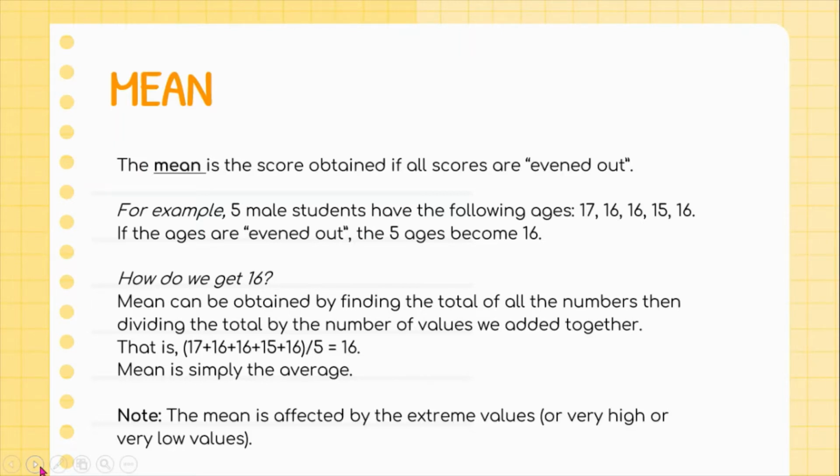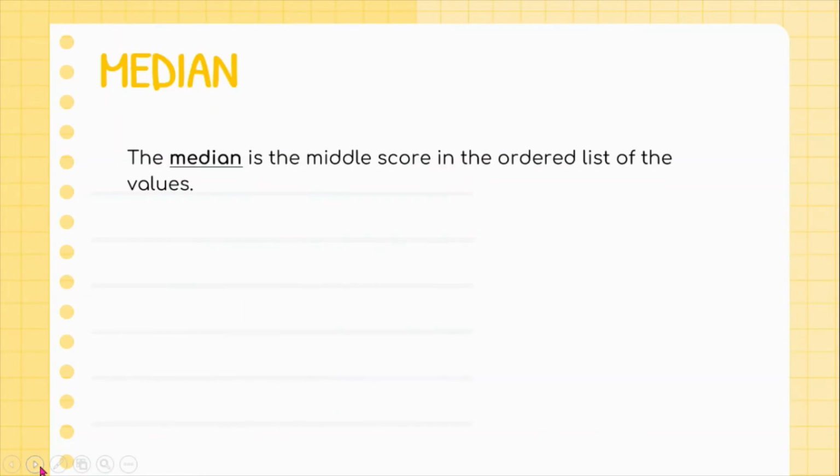Note also that the mean is affected by the extreme values, or very high or very low values. So how about the median? The median is the middle score in the ordered list of the values. Take note, middle score.